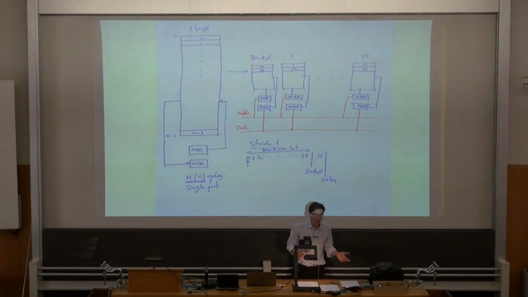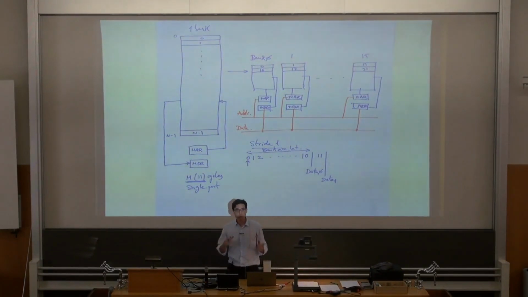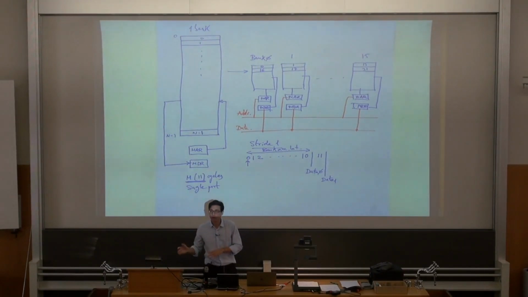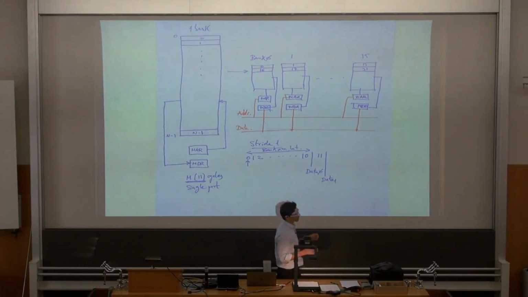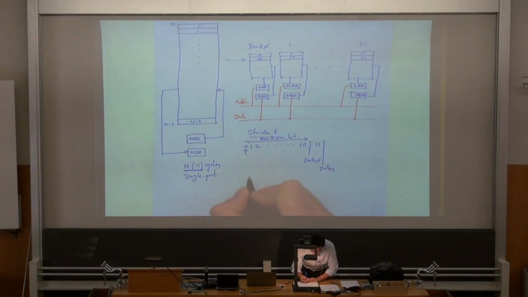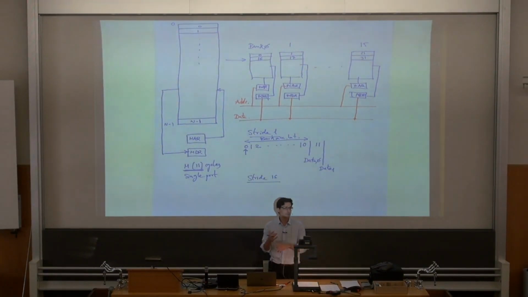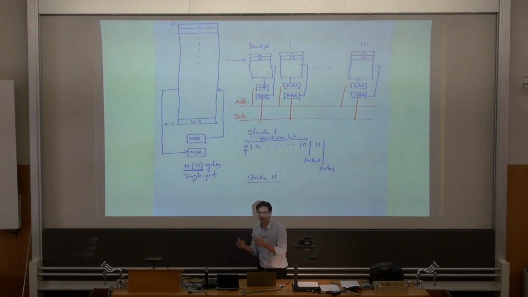There are obviously some limitations. What's the limitation? It is related to the stride and how this stride relates to the number of banks. Let's go to the worst case scenario, in which our stride is equal to 16, which means that we are going to operate on elements 0, 16, 32, and so on.